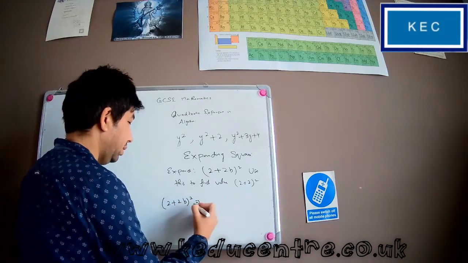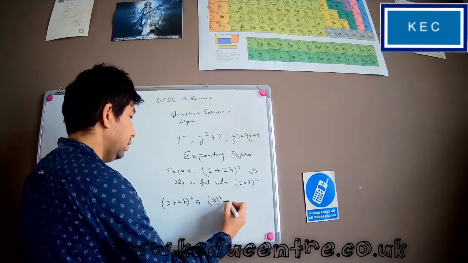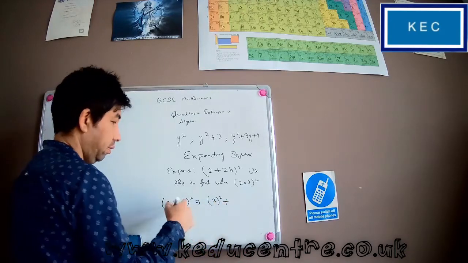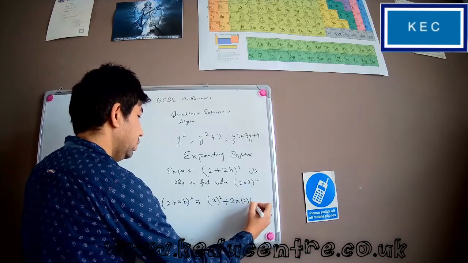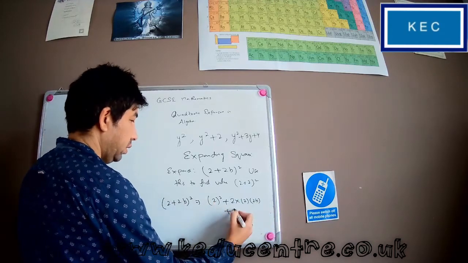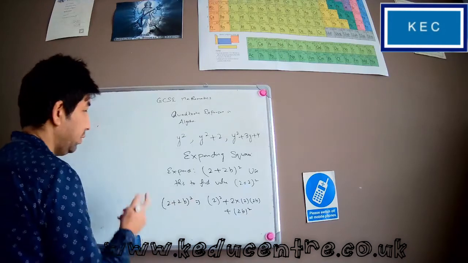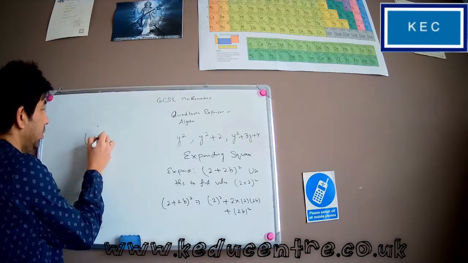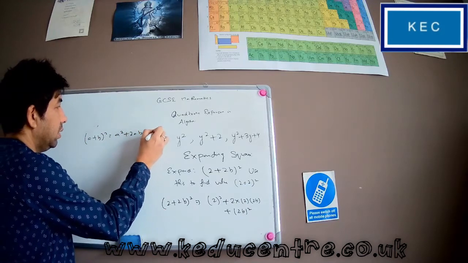What will this become? This will become a square, which in this case will be 2 whole square, plus 2ab, which will become 2 into 2 into 2b, plus (2b) whole square. Right, yeah. If you can't remember, the formula was (a plus b) whole square is equal to a square plus 2ab plus b square.